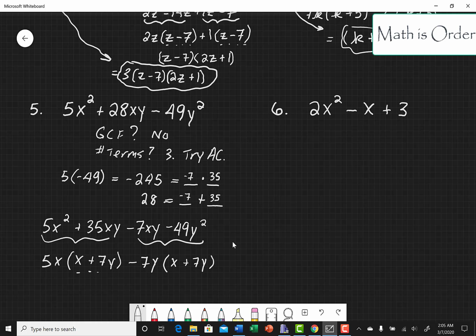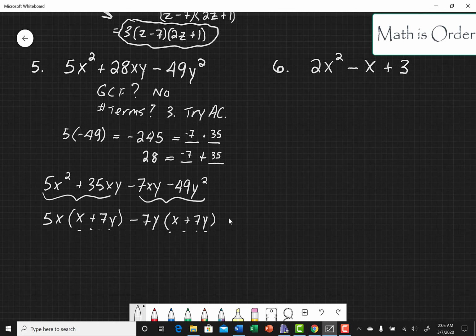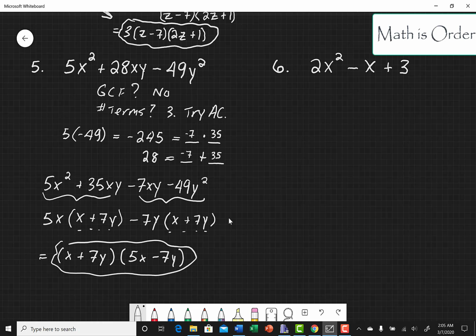All right, now these two are the same, so we know we're doing things properly, and therefore x plus 7y can come out of those two terms, leaving us 5x minus 7y, which is our final factorization.